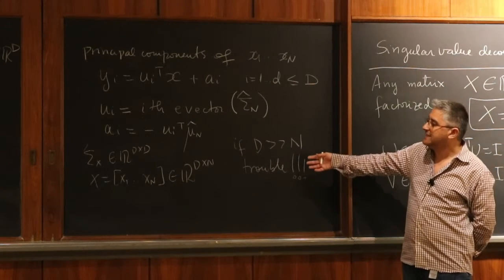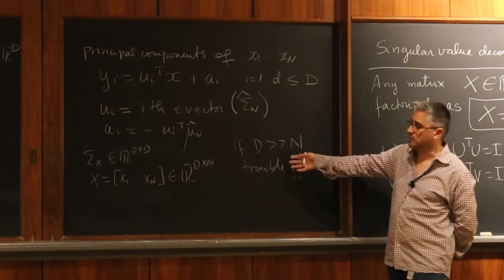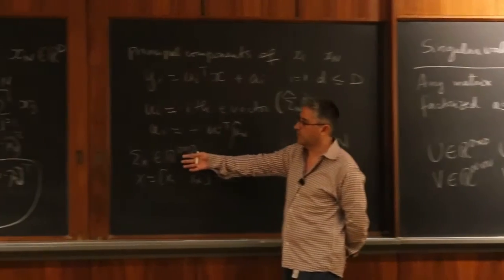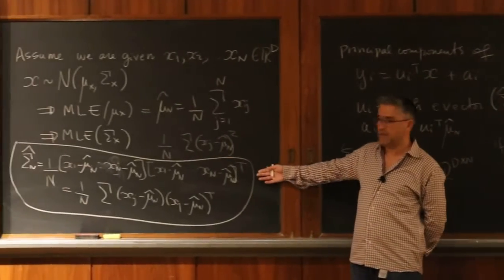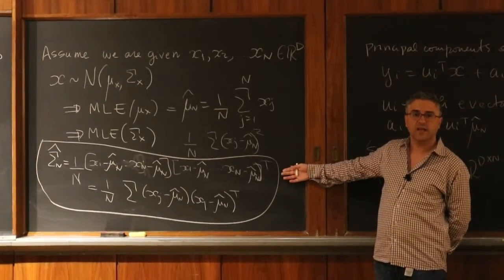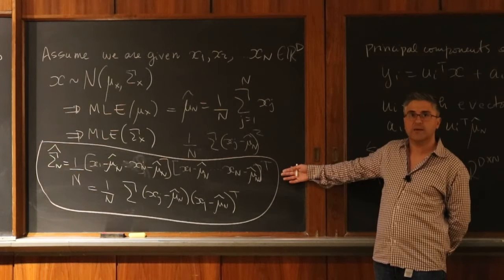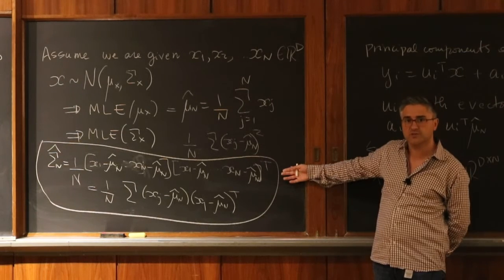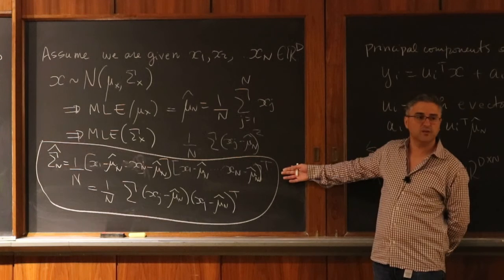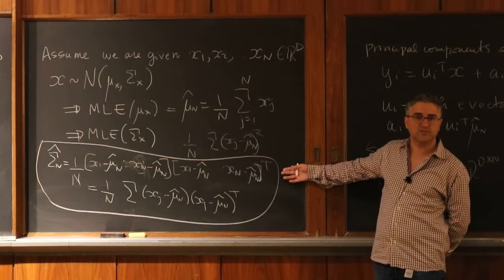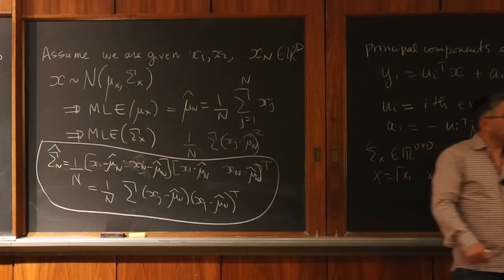Now, what is the covariance? Let's go back. Aha, here is that covariance. Does it look like something times something transpose, yes or no? Yes. Aha, let me go back here.